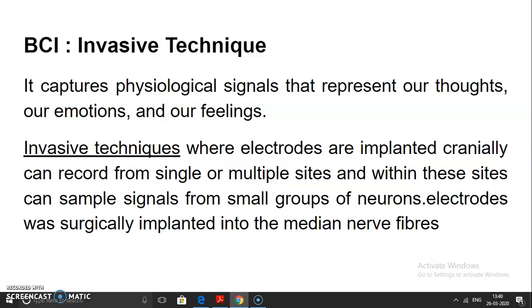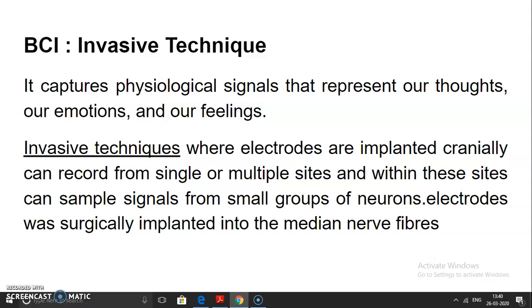So the basic technique is to capture these signals, and after capturing them, utilize them for a particular decision. For that purpose, we need some kind of techniques. It means if you want to communicate with the brain, then we need some kind of devices and technique. The first technique is the invasive technique. In the invasive technique, through surgery, we can implant some electrodes near our brain.